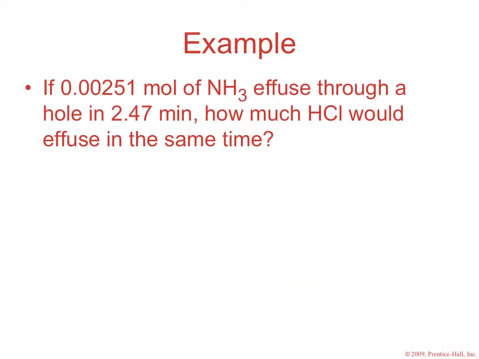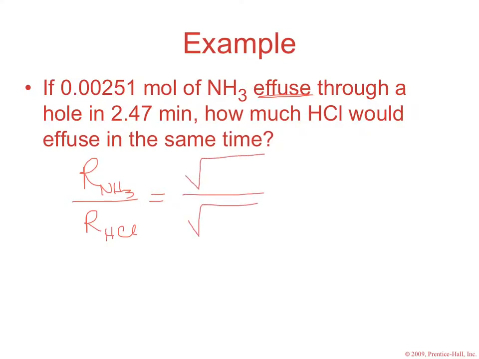Alright, so here's another problem on diffusion that can be tricky simply because of the wording. But before you even get caught up in the words, what I would suggest you do is set up the relationship that you know, and that is that the rate of diffusion for the two gases they're talking about is equal to the inverse of the molar masses of each of them.